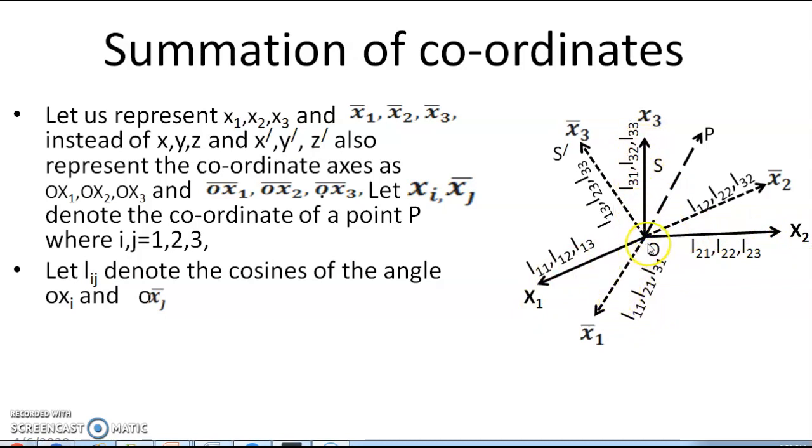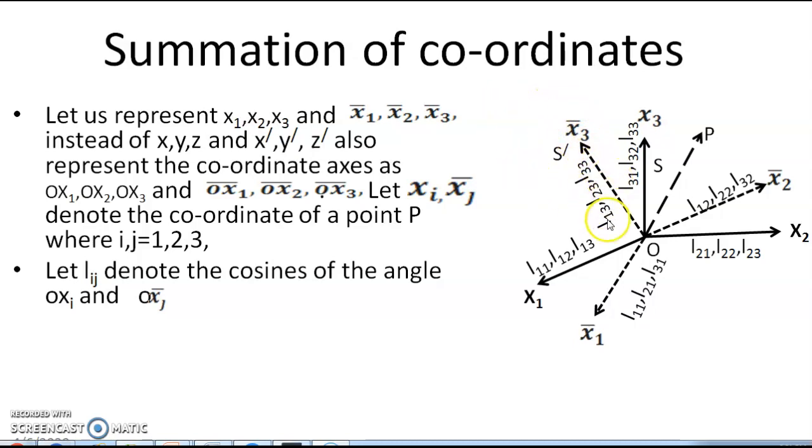You can simply consider that 1, 2 and 3 represent x, y and z, right? And for the other coordinate system, we are giving just bar, x1 bar, x2 bar and x3 bar, okay? x3 bar represents the z dash axis.